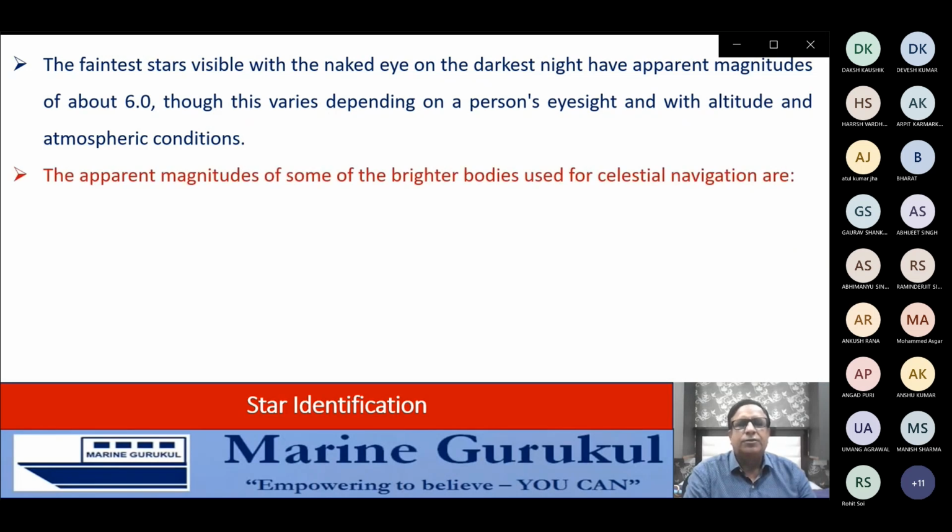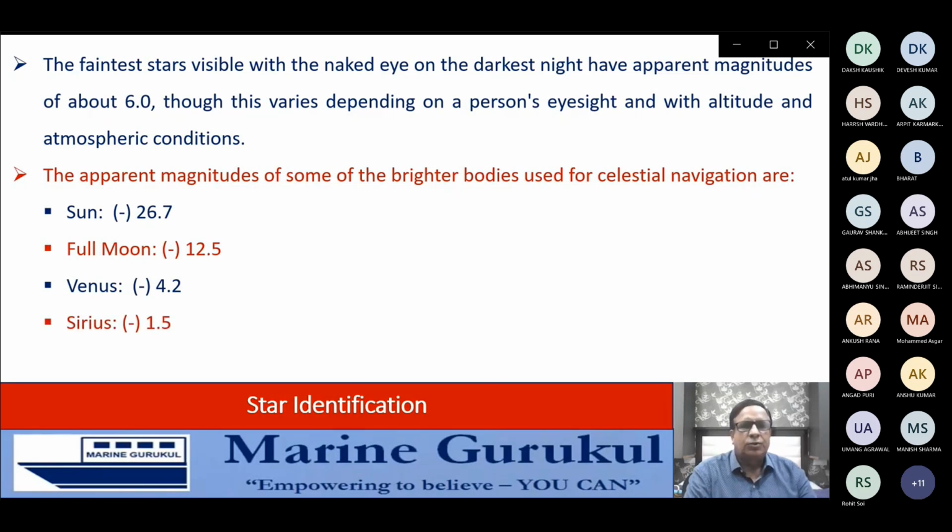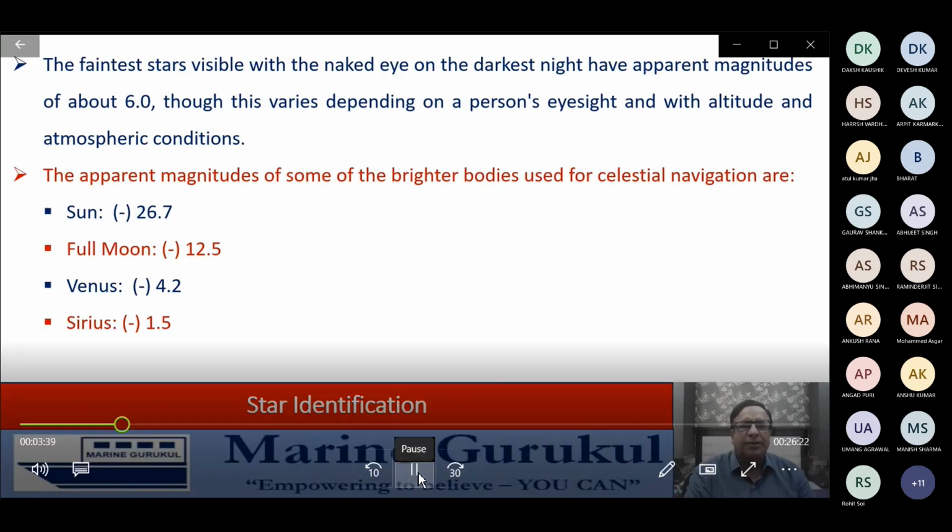The apparent magnitudes of some of the brighter bodies used for celestial navigation are Sun minus 26.7, Moon minus 12.5, Venus minus 4.2, and Sirius minus 1.5, showing that the brighter the object, the lesser is the apparent magnitude number assigned to it.